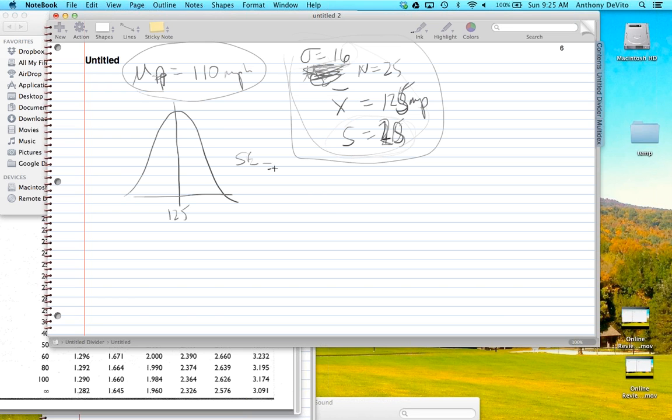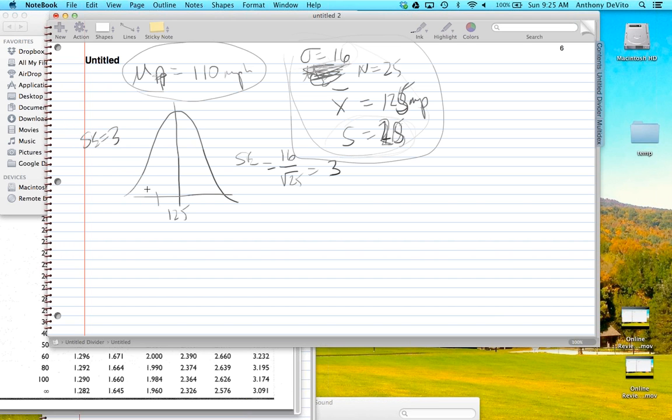So what's my standard error going to be equal to? Well, it's going to be equal to 16, my standard deviation, over the square root of my sample size, which is 25. 16 over 5 is approximately 3. So my standard error is going to be equal to 3.